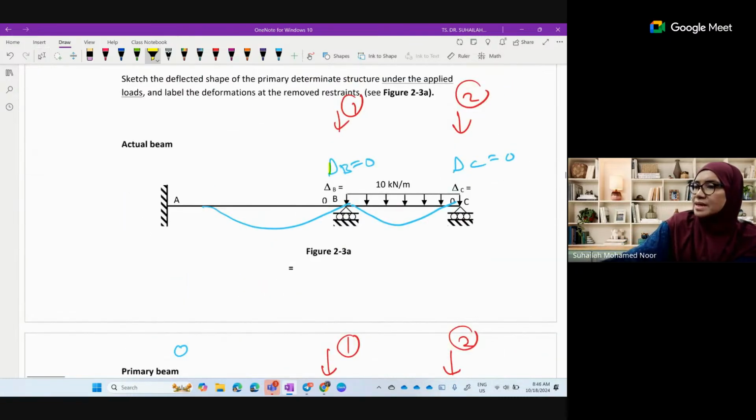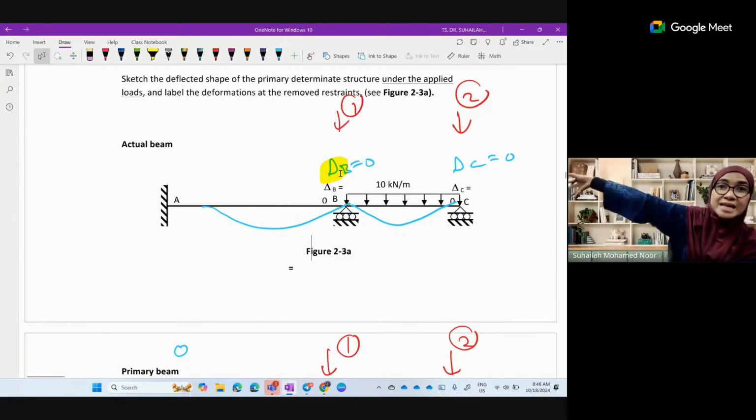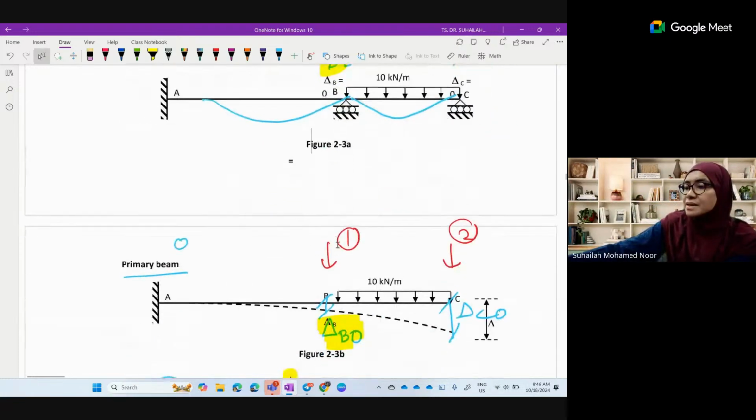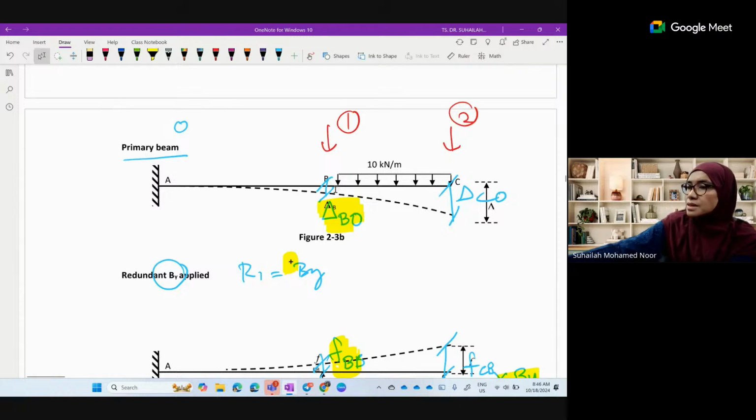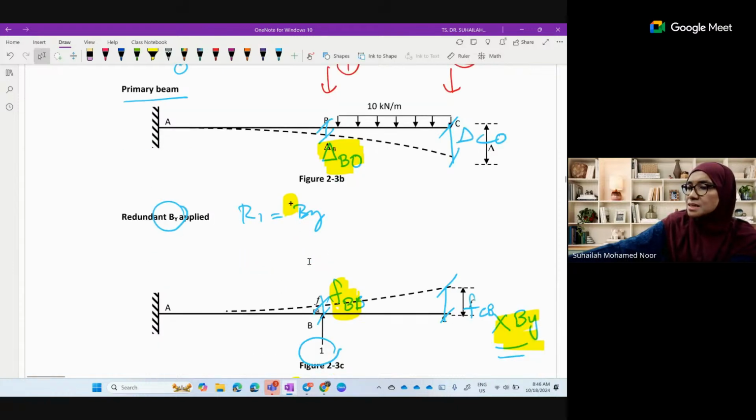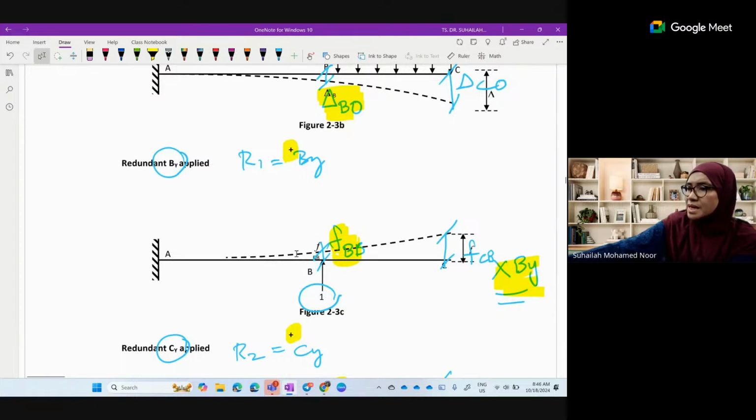Okay, we have delta B actually. We want to write equation for delta B. Tapi delta B tu kita tulis last kali kan. So kita start dengan delta B naught. Delta B naught plus FBB, jangan lupa kali BY. Sebab FBB kali BY is delta BB.